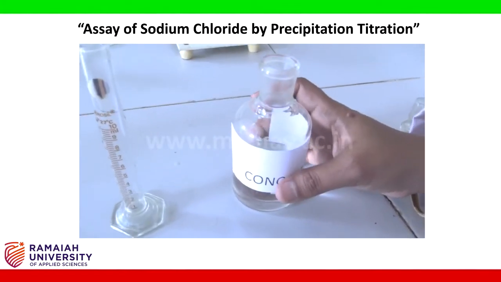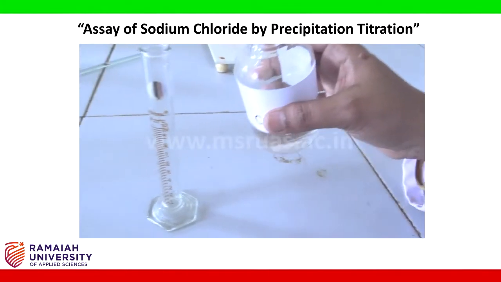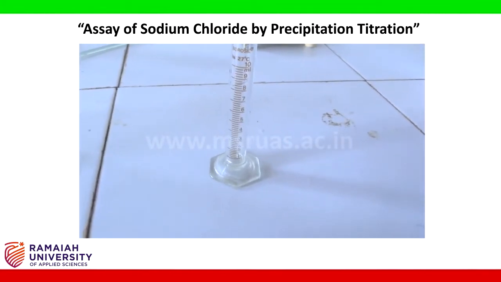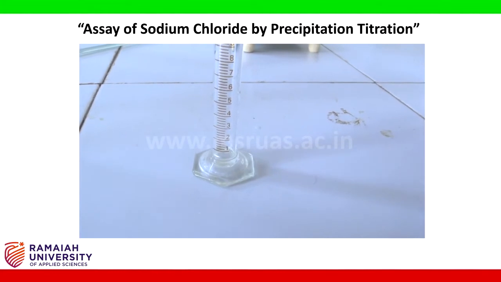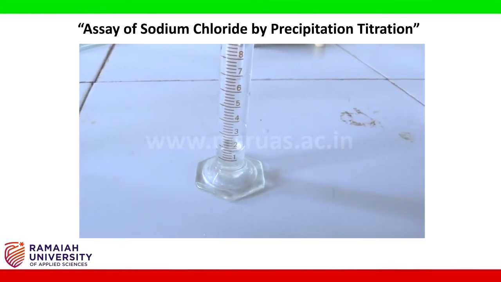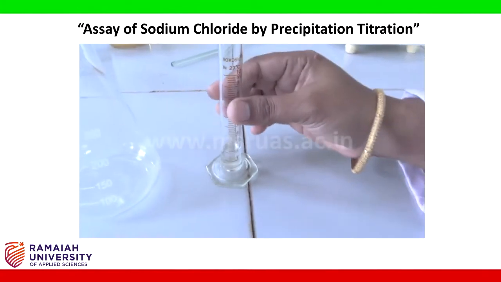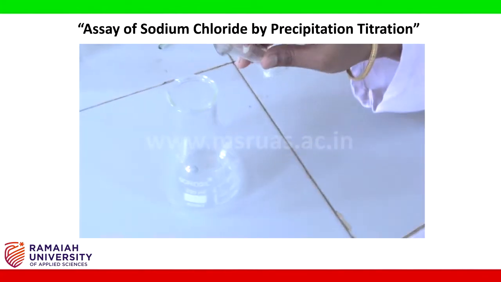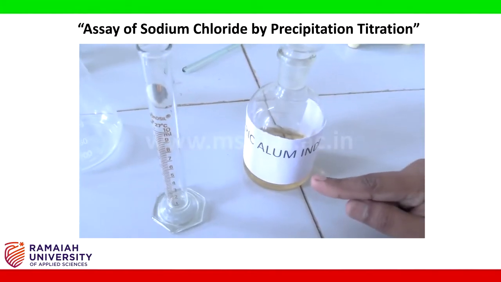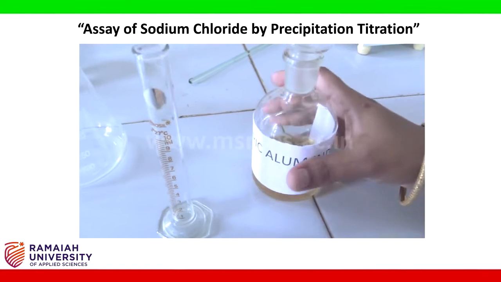Add 2 ml of concentrated nitric acid using 10 ml measuring cylinder. Then add 2 ml of ferric alum indicator.